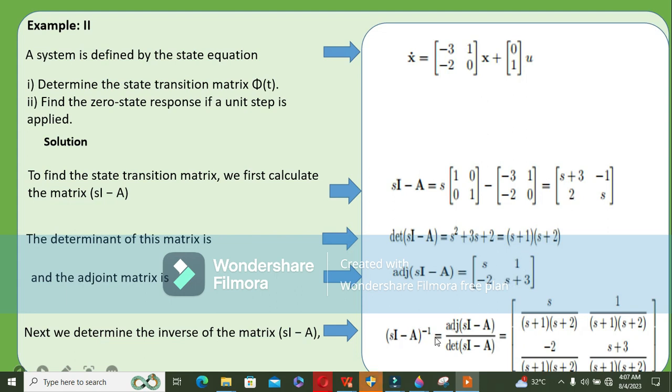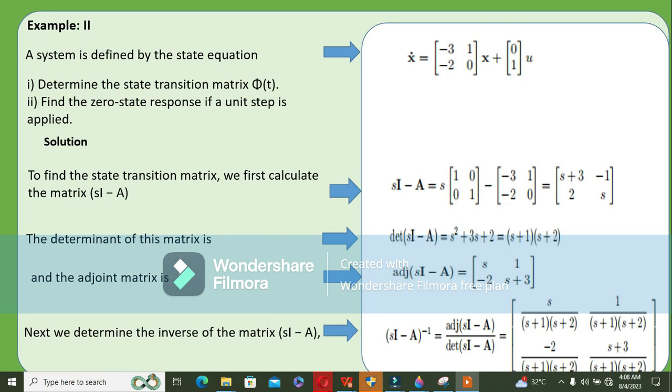So finally we substitute. Like we said, the inverse is going to be the adjoint all over the determinant. So this is the determinant and this is the adjoint. So divide by what? This determinant. So we are going to have s plus 1 and s plus 2 dividing by what? Divided by this component here.